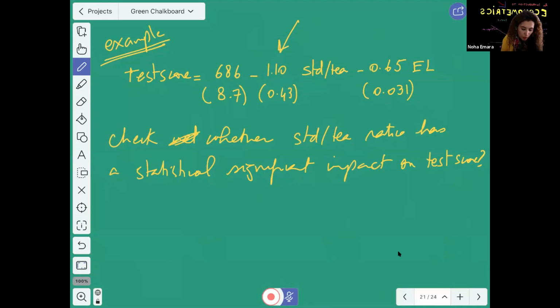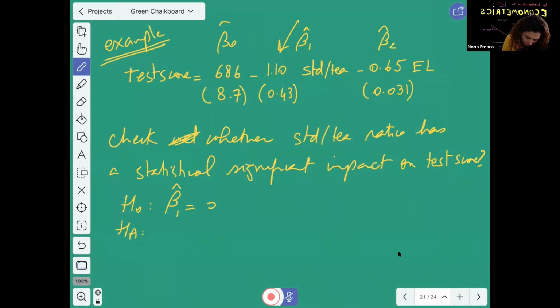So we need to set up our null and alternative hypotheses. This is beta naught, this is beta 1, and this is beta 2. The null is whether beta 1, which is for student-teacher ratio, is equal to 0 or not.